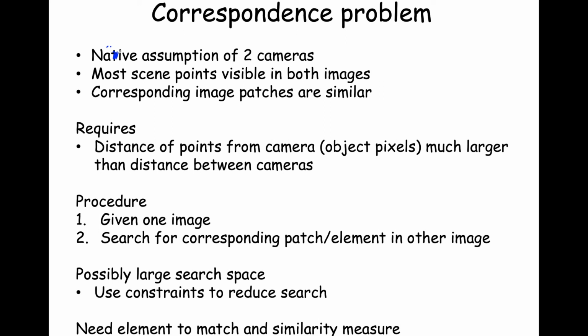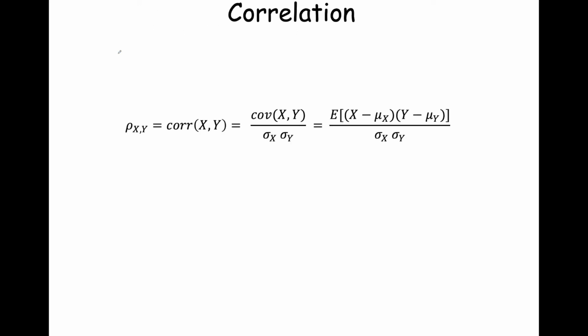But in order to find this correspondence, where did the pixel or region of image go from time t0 to t1, you need some way to match some similarity measure. And so last semester, we learned correlation. And you can absolutely use correlation over the two patches of image to determine where this patch in the first version of the image went when you took the second version of the image.